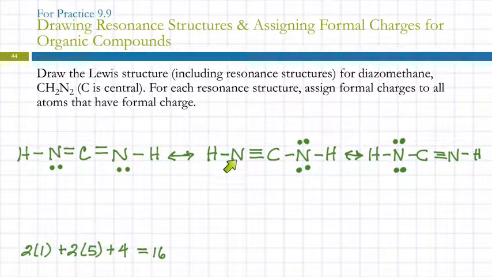This one in the middle, is that going to have 0 formal charges? Maybe let's start in the middle. The carbon has 4 bonds. Carbon brings in 4 electrons, it would leave with 4 electrons. Because what we're doing is we're imagining cutting these in half. So that carbon is 0. What about this nitrogen over here?